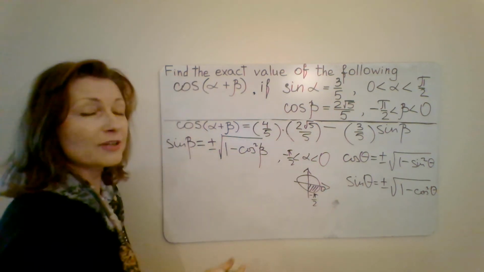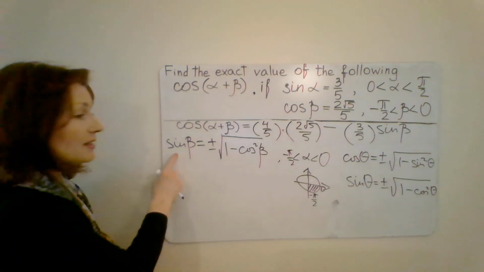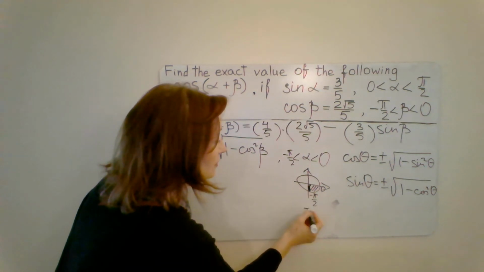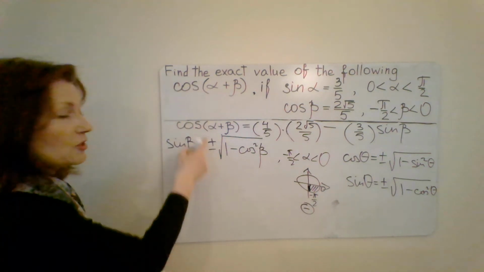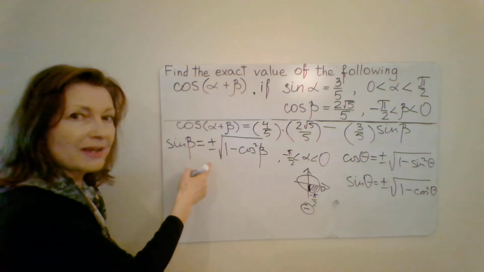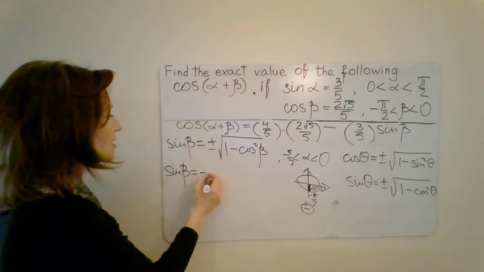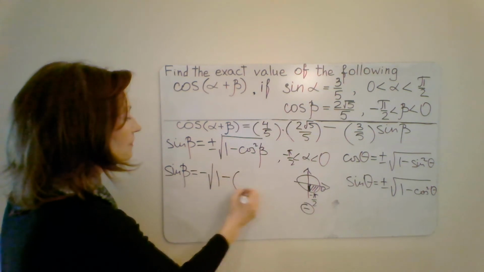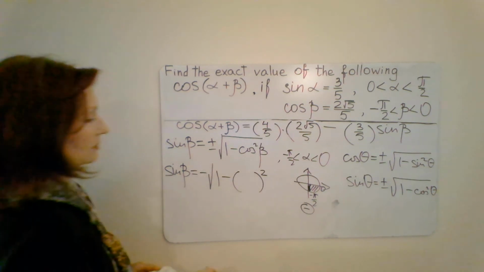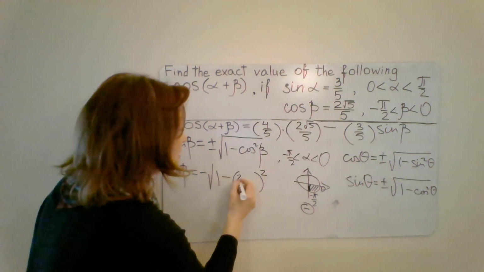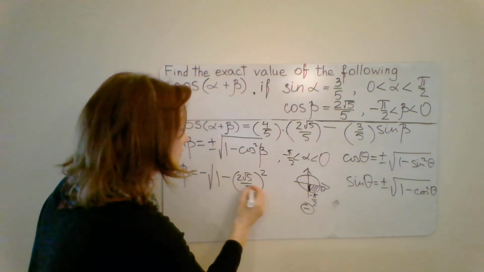So it's the fourth quadrant, and sine in the fourth quadrant is negative. Between plus and minus, we're choosing minus. Negative square root of 1 minus cosine squared beta. And cosine beta is right here, 2 radical 5 over 5.